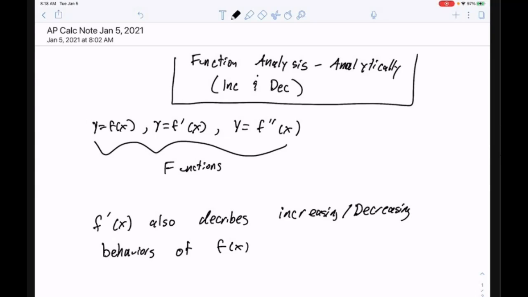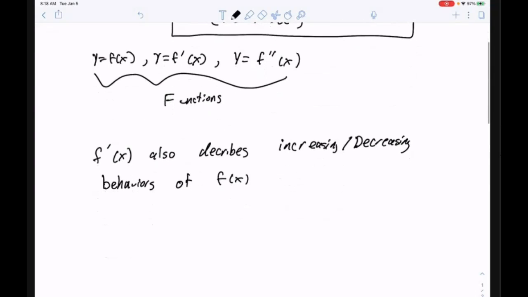And this is a very important thing, because to do these analytically, now if you had the graph of f of x and you were looking physically at the graph, in most problems it's very obvious what is happening.